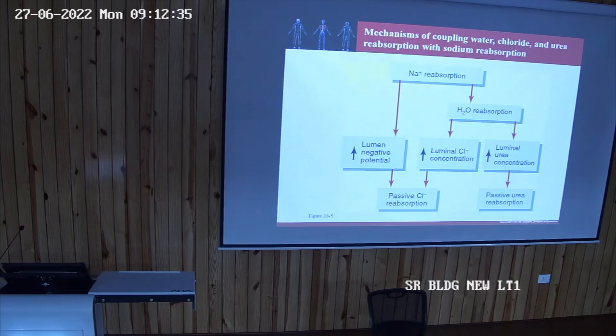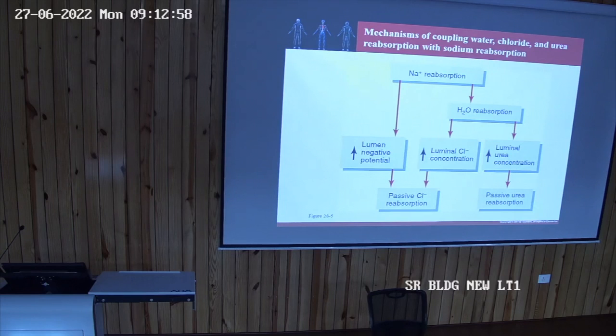This change in the interstitium osmolarity or gradient is brought about with the following mechanism. One mechanism is the movement of water from the descending limb with the help of osmosis. And this osmosis is brought about with the help of the movement of solutes in the ascending limb.